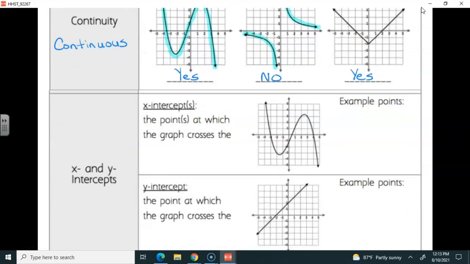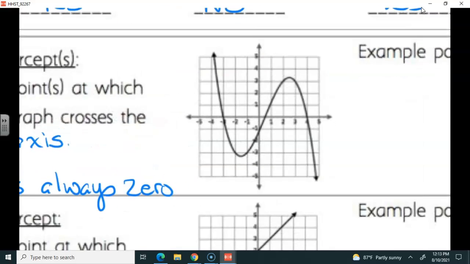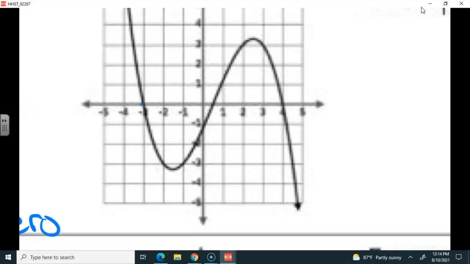All right, let's look at our x-intercepts. X-intercepts is the point at which the graph crosses the x-axis. Okay, when we know the x-intercept, we know y is always 0. So if we look here, we have 1, 2, 3 x-intercepts.